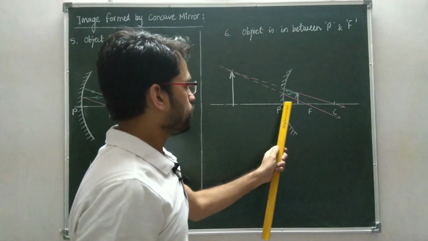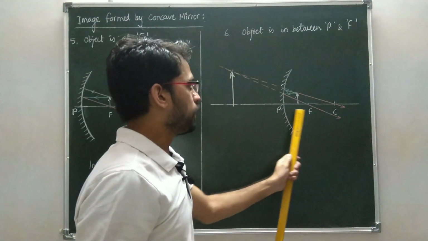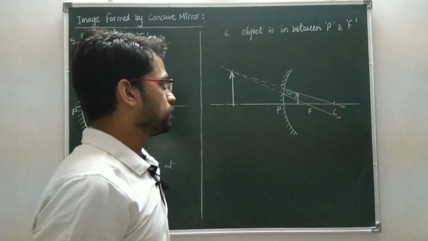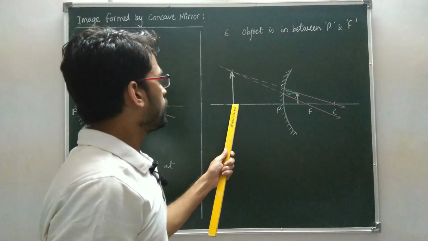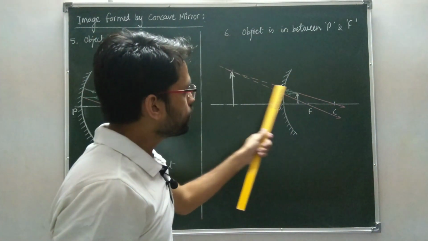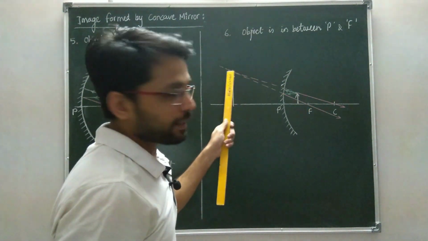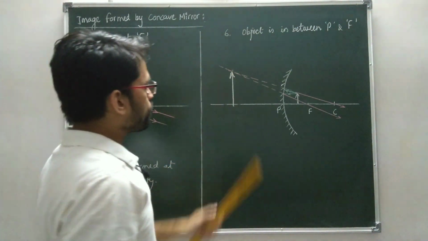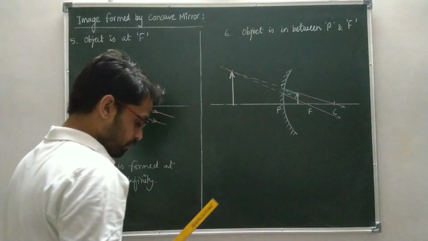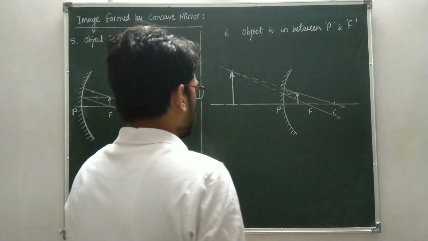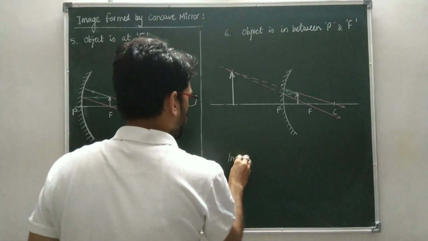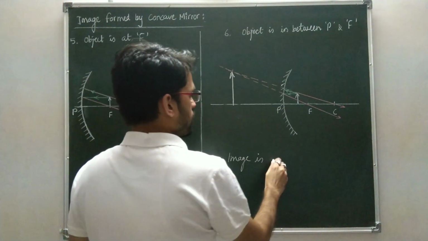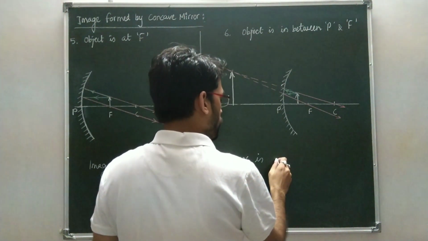of the object placed in between the pole and focus, and this image is a virtual image because this image is formed when we produce the reflected rays. Okay, so this image we can write the image is virtual.